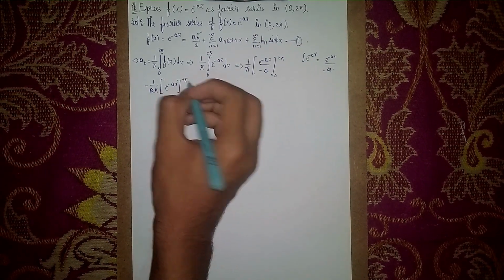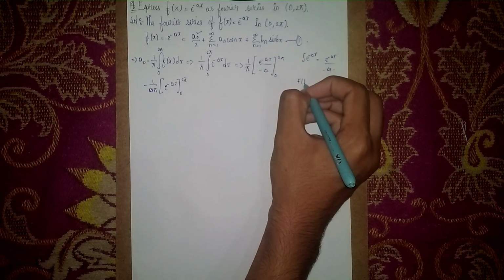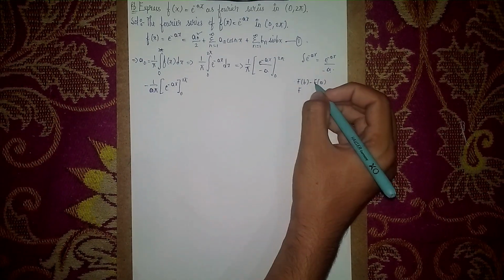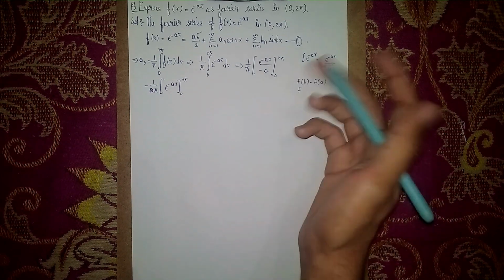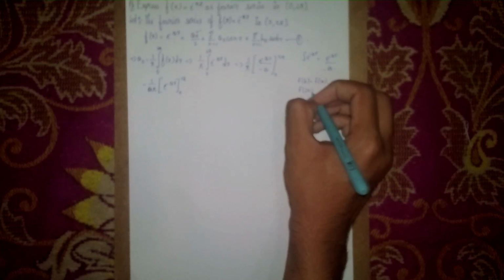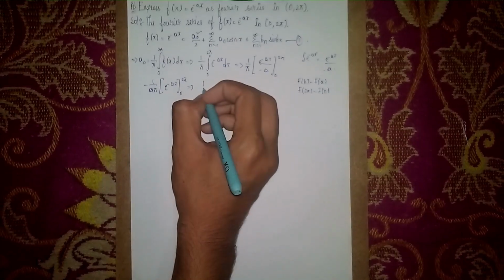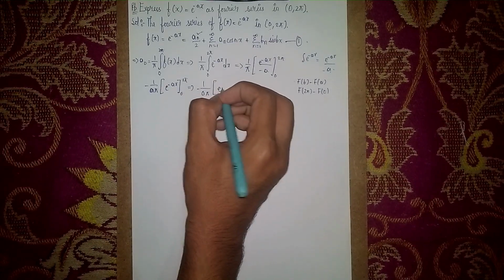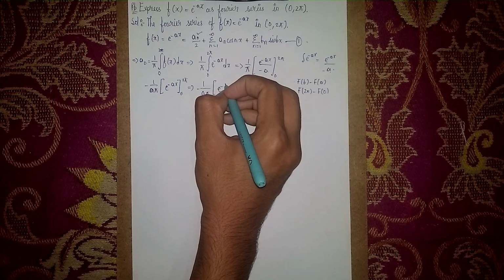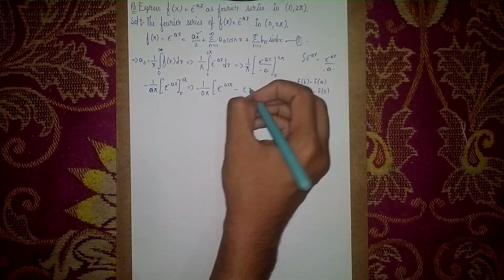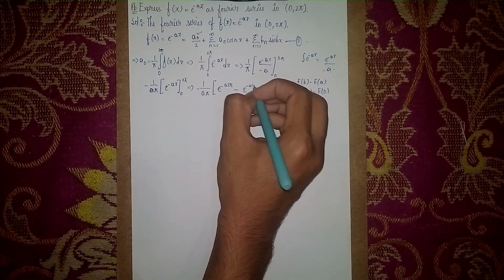Now how do we apply the limits? Don't write this in the answer: f b minus f a is the trick for applying the limits. In every problem, b is 2 pi, minus a is 0. So substituting, it becomes 1 by minus a pi open the bracket e power minus a 2 pi, then minus e power minus a into 0.